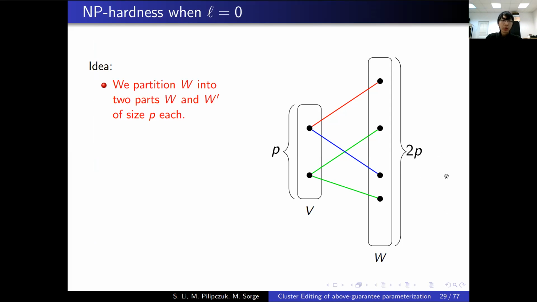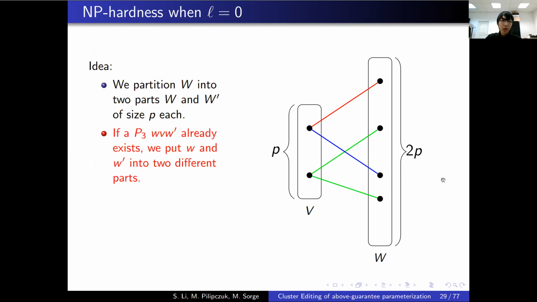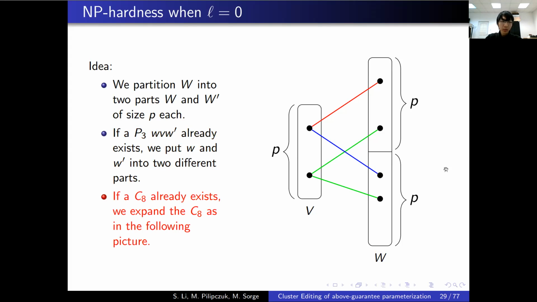We will partition W into two parts, W and W prime, of size P each. If a P3 already exists, we will put W and W prime into two different parts, like this. If a C8 already exists, we will expand the C8 as in the following picture.